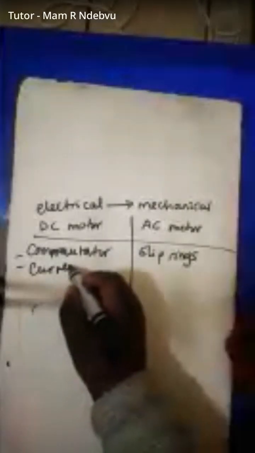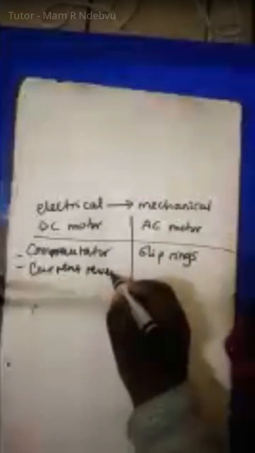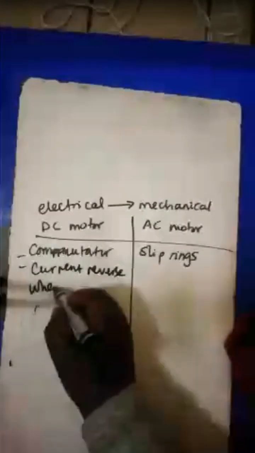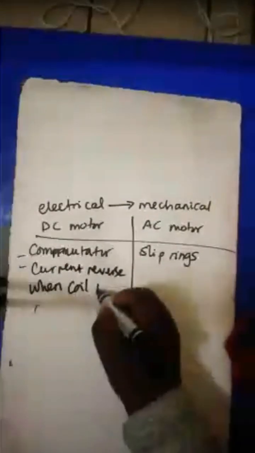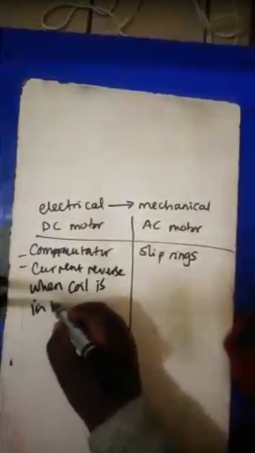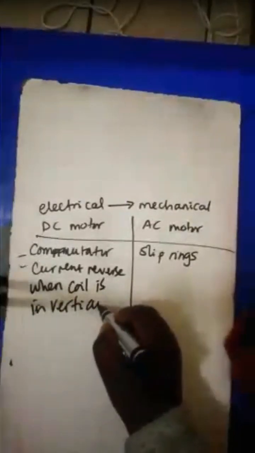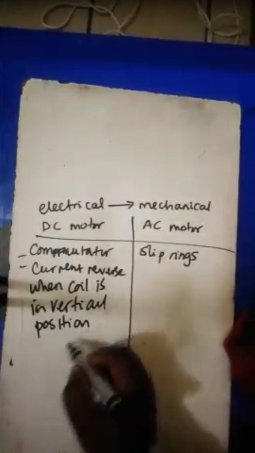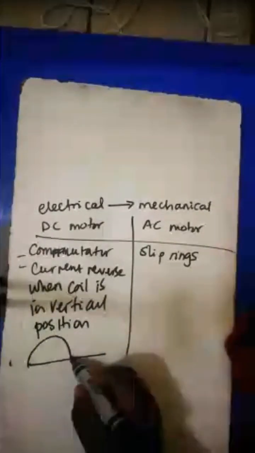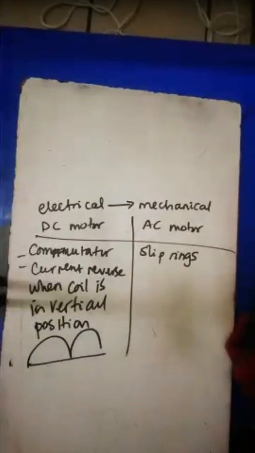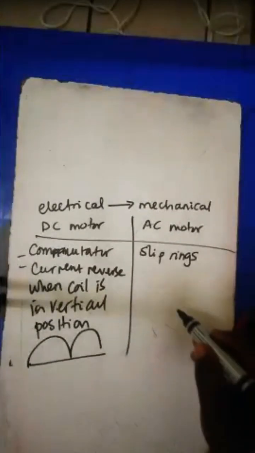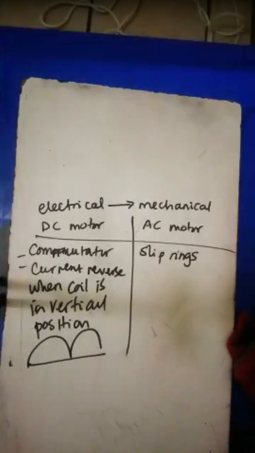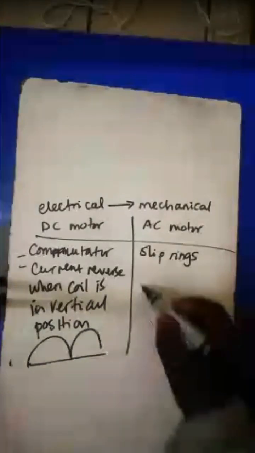Then in a DC motor, the current reverses whenever the coil is in a vertical position, perpendicular to the magnetic field. When I say reverse, I'm talking about this. In a DC motor, remember, the current is going in one direction. Then in an AC motor, which is the alternating current, without a commutator, the current alternates.